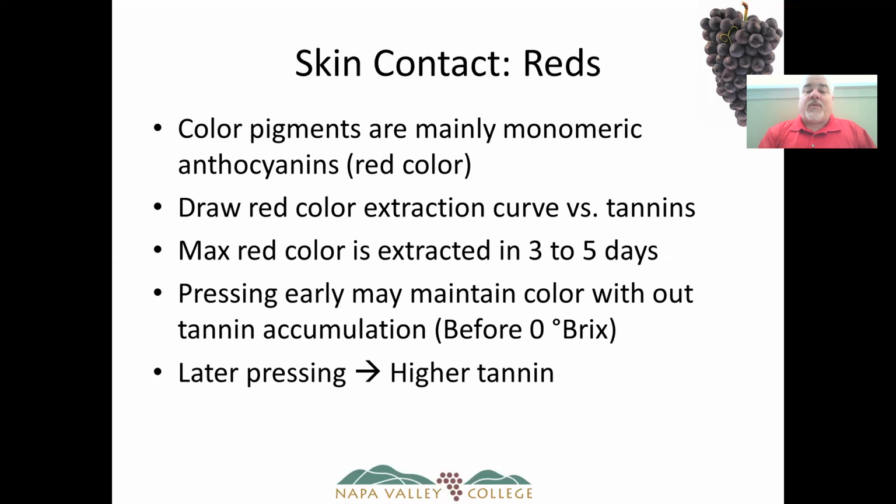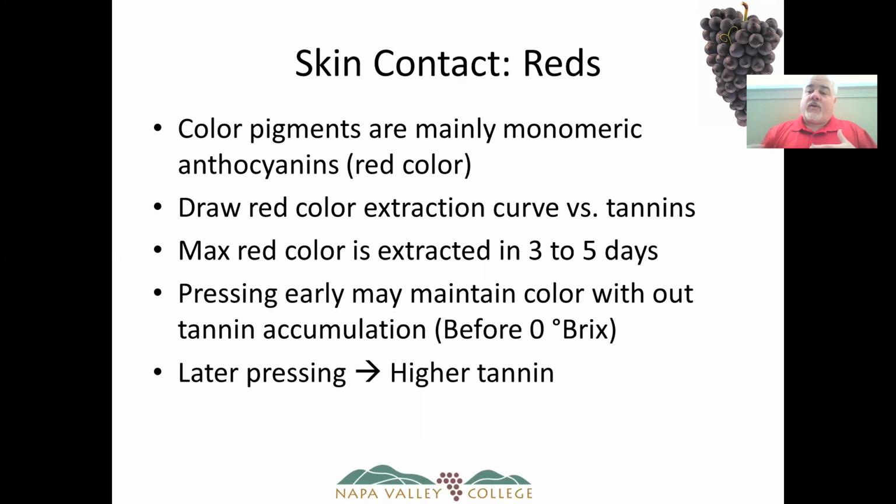So you're pressing before the sugars have been eaten up by the yeast. When it says before 0 degrees Brix, you're not waiting for the yeast to be done turning sugar to alcohol. You're pressing those grapes before the wine is done, before the fermentation is over.